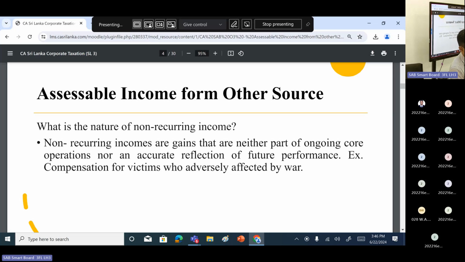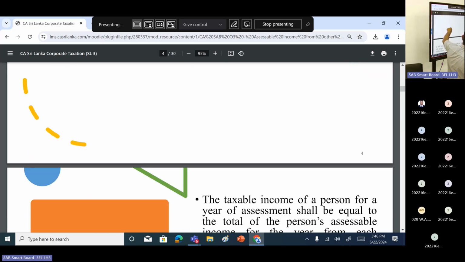Even in practical scenarios, it is very difficult to figure out what the other source of income is. When the law was being finalized, somebody asked what the other source of income is. It is not necessary to keep it, because the other three sources cover almost all income. With that understanding, we will move on.